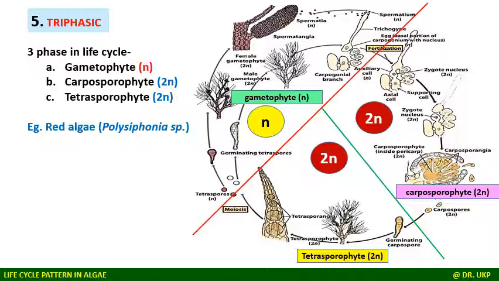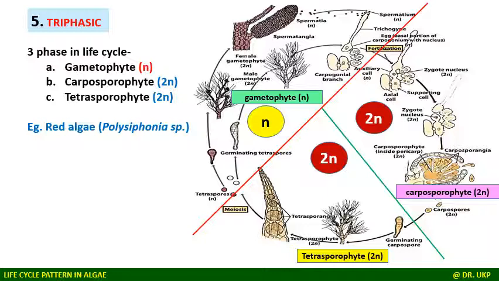Spermatium fuses to the egg and forms a diploid, and eventually the whole carpogonial cell converts into a carposporophyte, which still hangs on the gametophytic plant body.